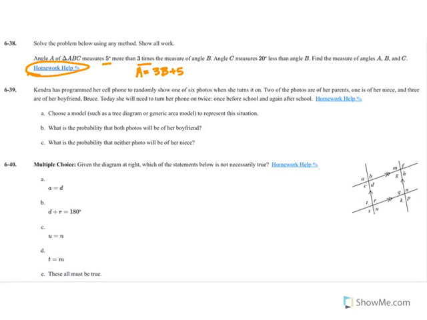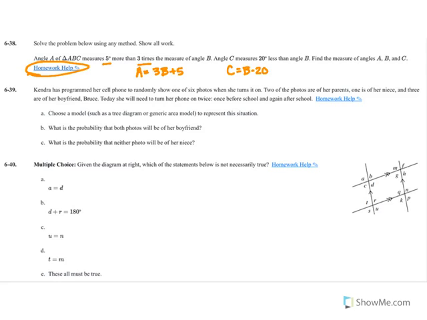So you kind of read this backwards. So it says the angle A of triangle ABC measures 5 degrees more, so the 5 degrees is last, than 3 times the measure of angle B. Angle C measures 20 degrees less than angle B, so you do B minus 20. Find the measures of angles A, B, and C.